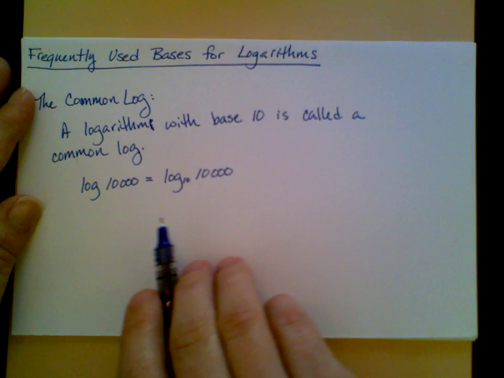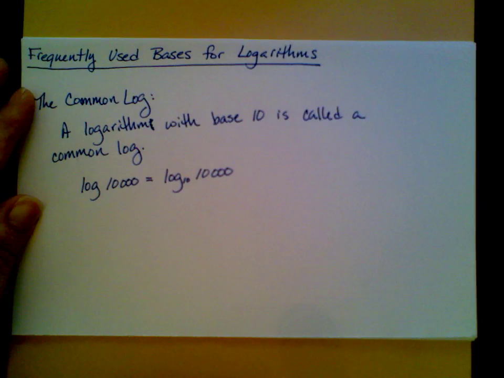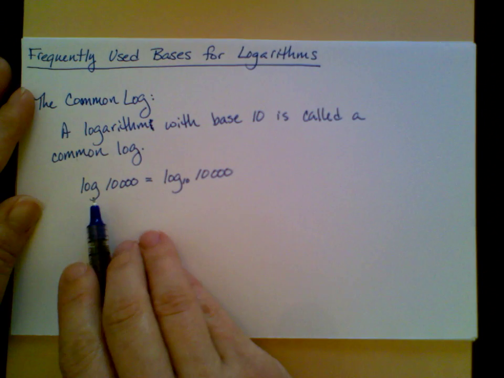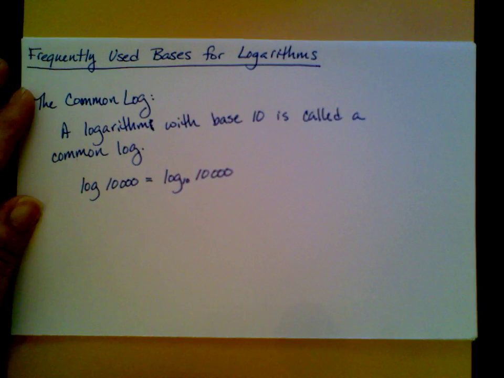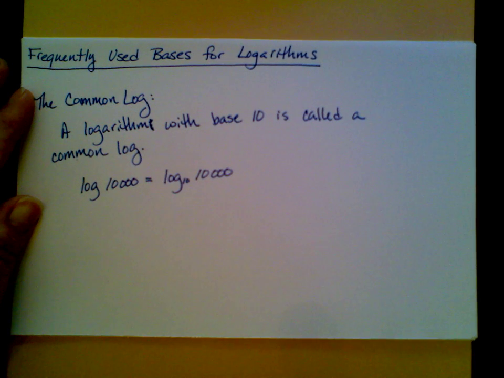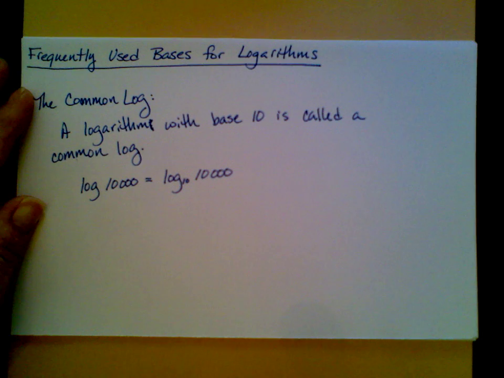However, if you're looking at other resources, sometimes you'll see log with no base explicitly written used to refer to the natural log. That is just something to be aware of. But for the most part, you'll find log used for the common log.